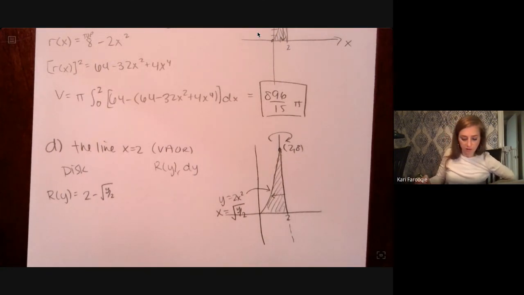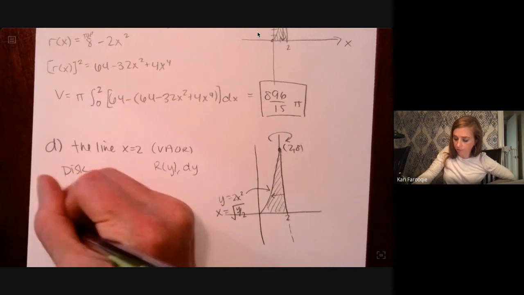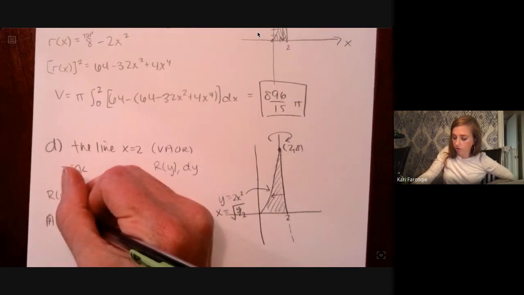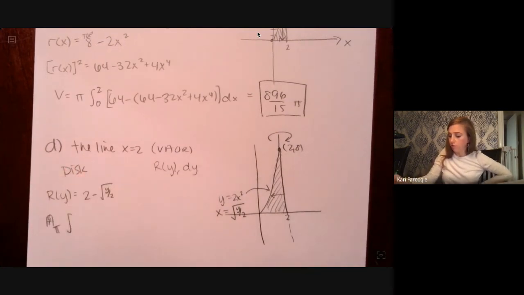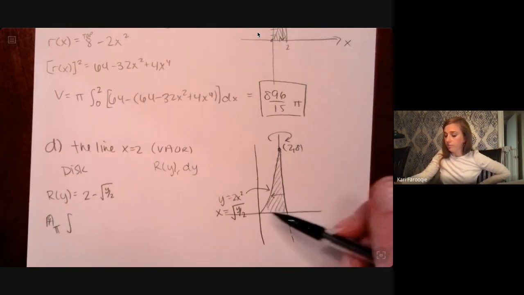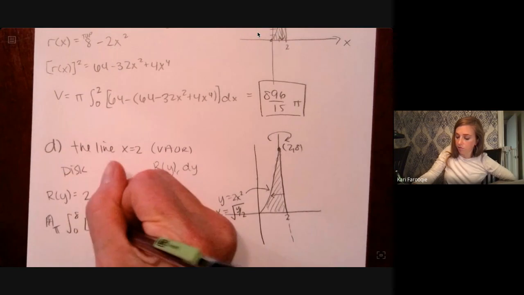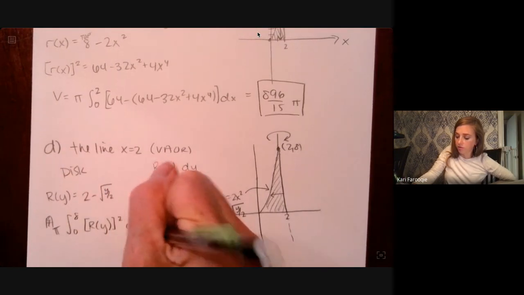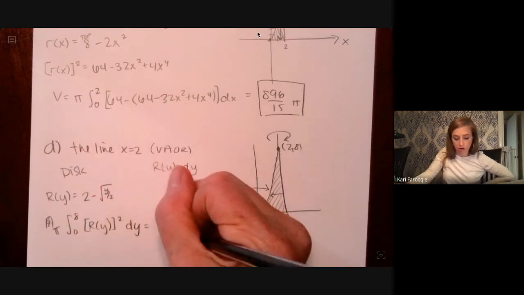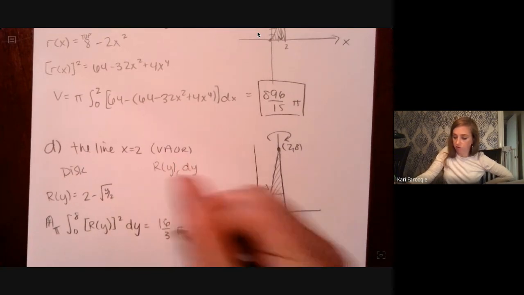Okay, so that's r of y, and I will give you the answer here. I might as well tell you that your integral, if it's a dy integral, is going from 0 to 8. The integral of R of y squared dy, you should end up getting 16/3 pi.